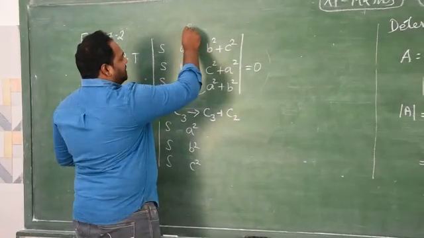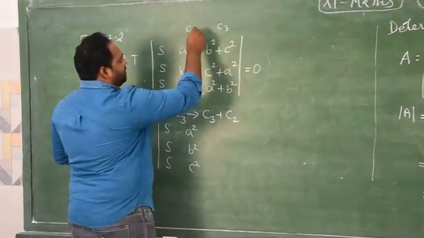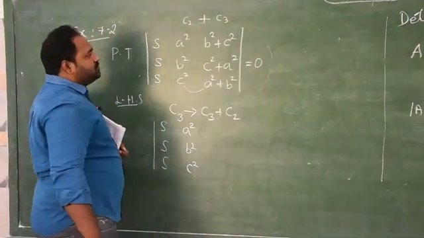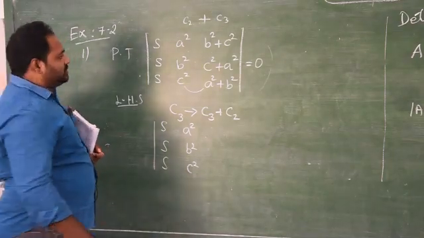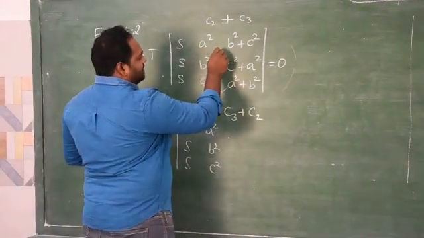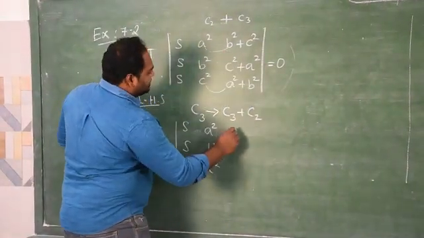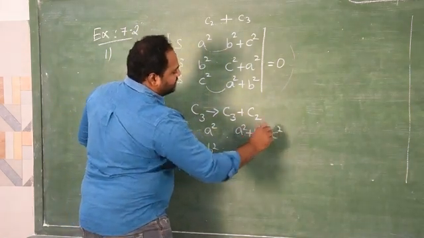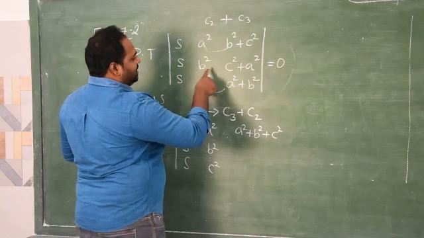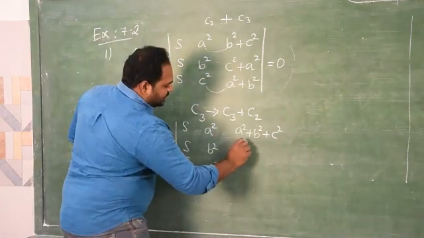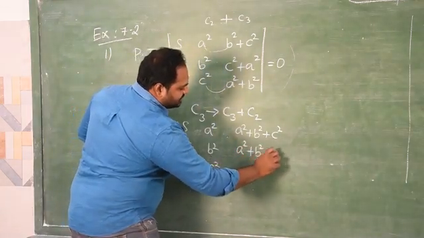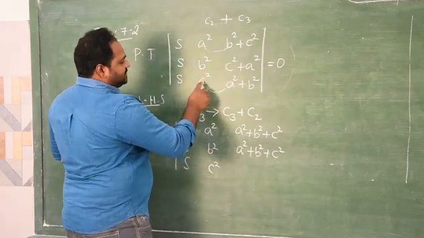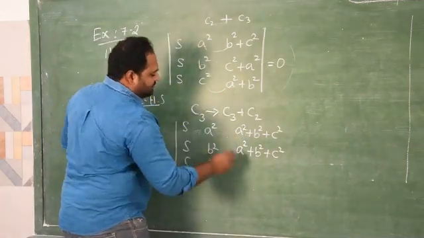This is C2, this is C3. When I add these two elements, that is A square plus B square plus C square. Next, A square plus B square plus C square.